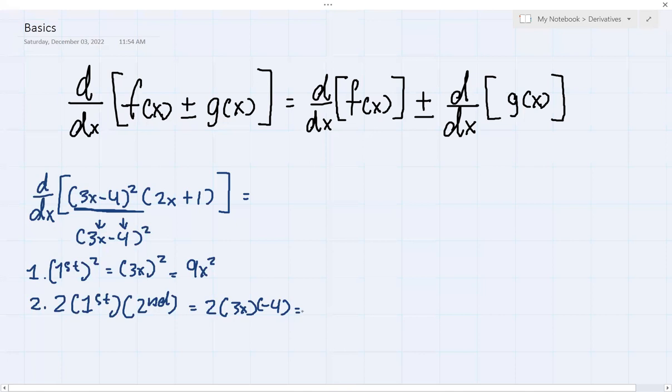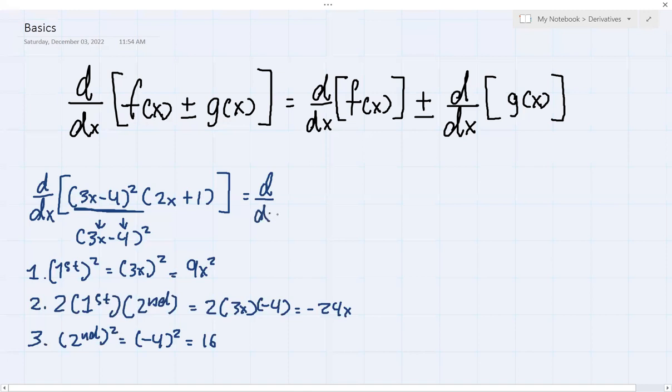Times negative 4, magiging negative 24x. Yeah, okay. Now, let's proceed sa third step. Third step, which is the last step natin, ay square natin si second term. Okay? So, si second term, obviously si negative 4 yan. So, we're going to square it, magiging 16. So, let's add them together.